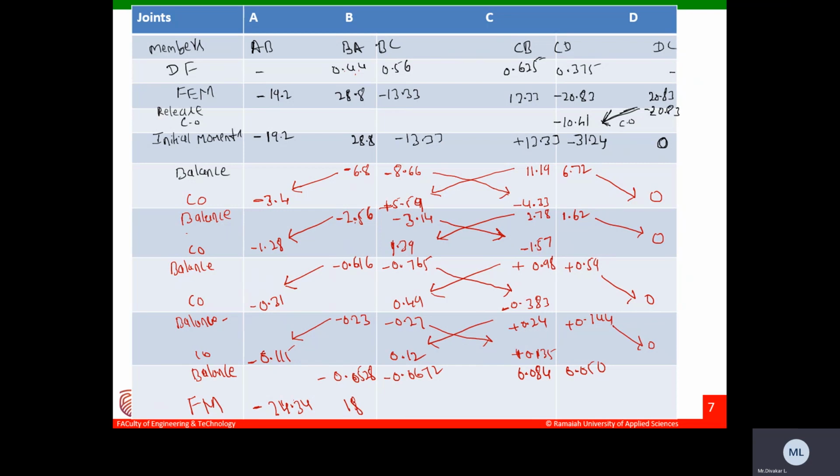This is 18.54. This is minus 18.61 approximately I'm writing, and this is minus 22.15, and this is 0.